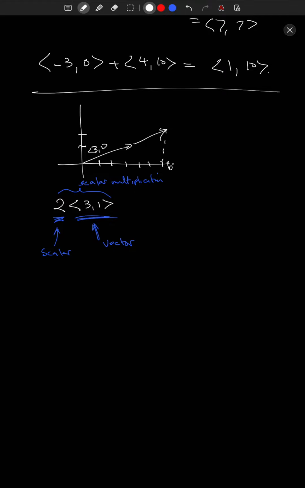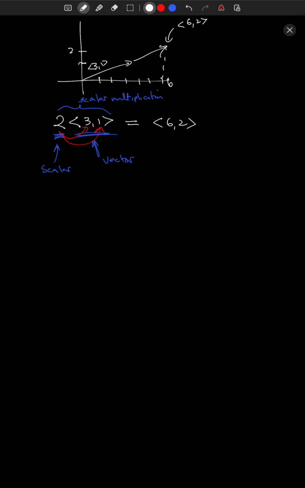And of course, that's (6, 2). If you think about this, this is just 2 times 3, 2 times 1, so (6, 2).